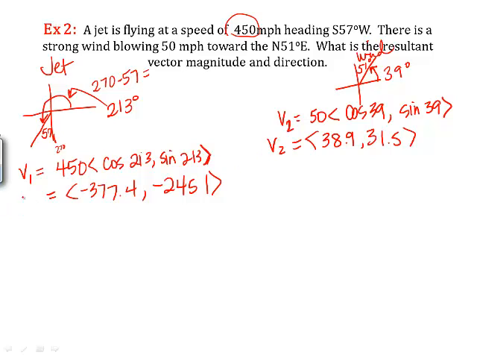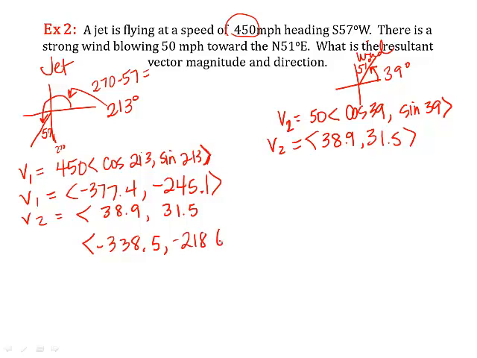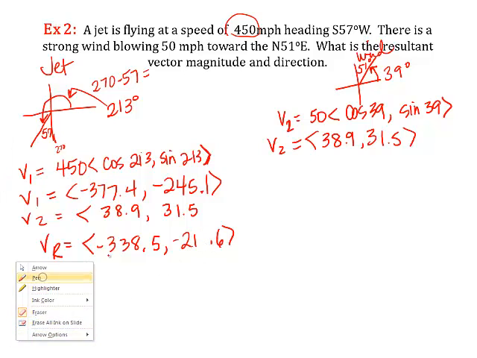So to get my resultant vector, I'm going to add these guys. To 18.6. So this is my resultant. Sorry. All right. To 13.6. Okay, so there's my resultant vector.